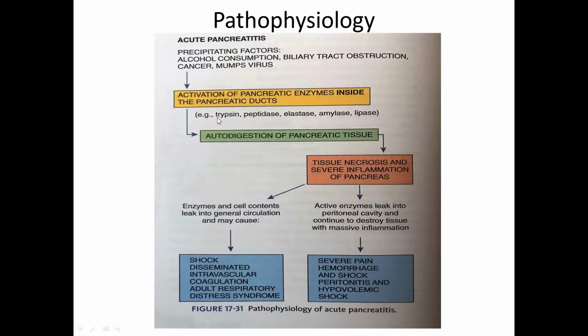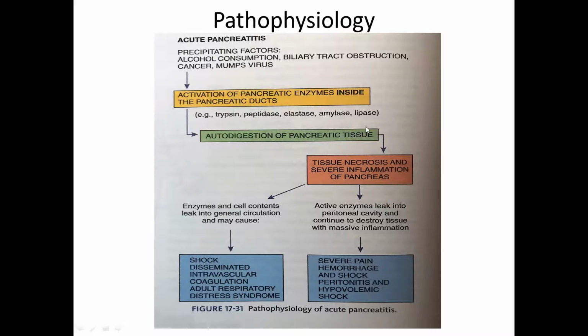So once trypsin, peptidase, elastase, amylase, and lipase get activated within the pancreas, when they are not transported to the duodenum for the digestion process, these enzymes start to autodigest and eat up the pancreatic tissue itself.